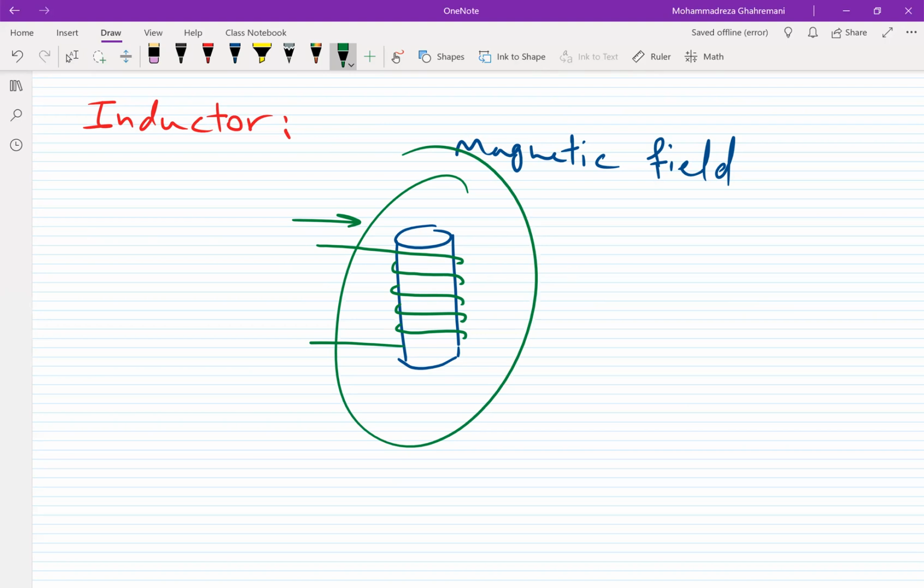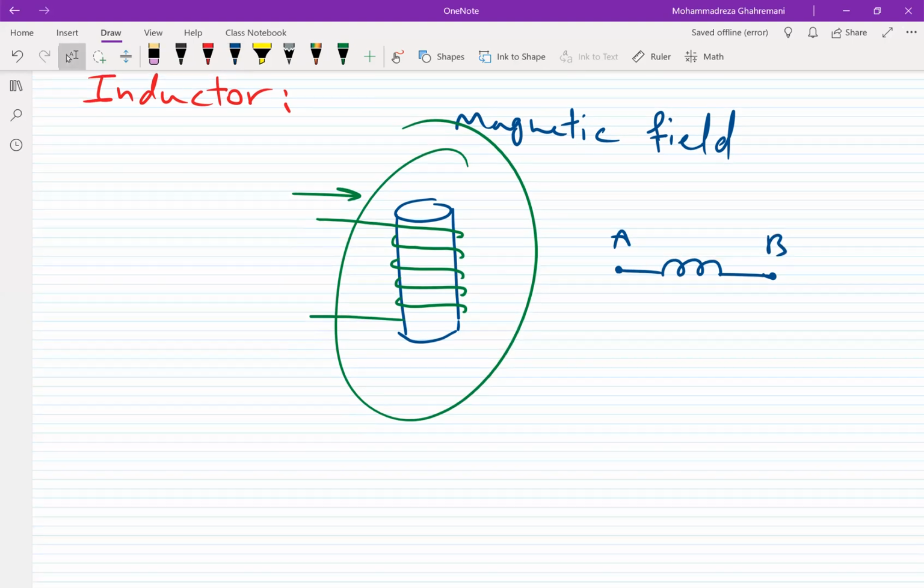So this one is the basic definition of inductor. It is a conductive wire wound into a coil. And in the circuit, we show inductor with this symbol. This is the symbol of inductor. It has two terminals, terminal A and terminal B. Again, like resistor and capacitor, inductor also has some parameters.